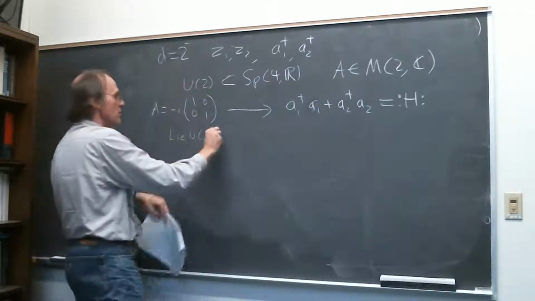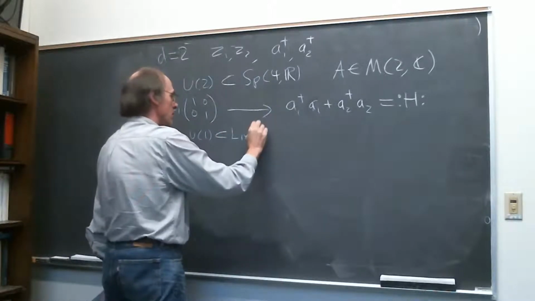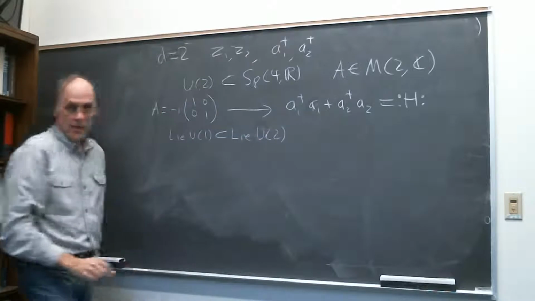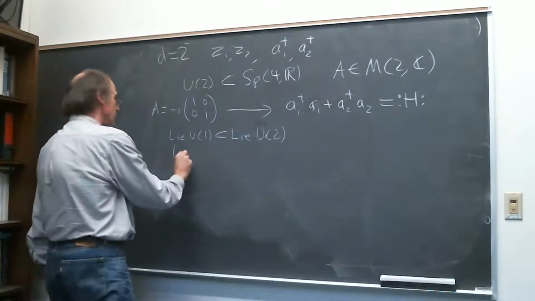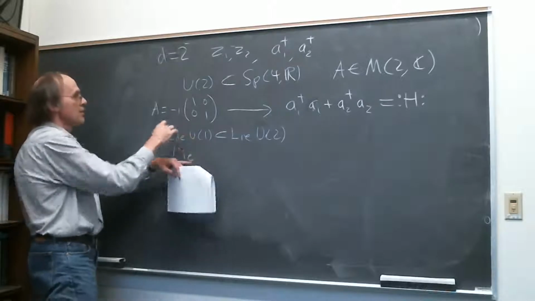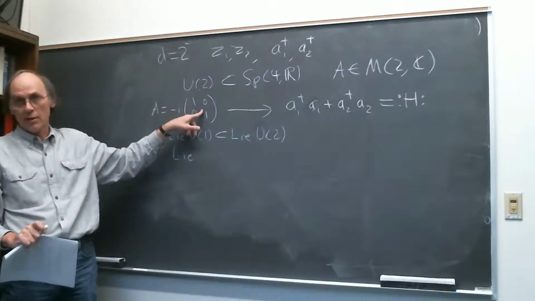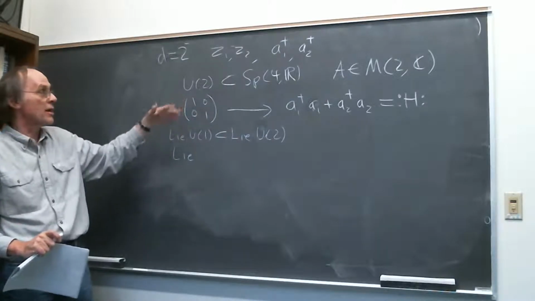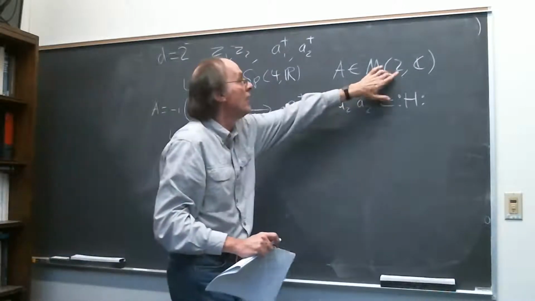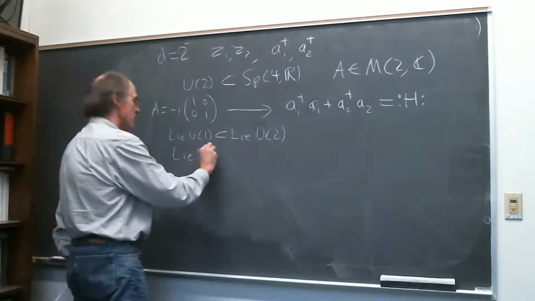This corresponds to a U1 subgroup of U2. If you look at the other directions, this guy commutes with everything, but there are three other complex directions in here, and those other directions give you the Lie algebra of SU2.